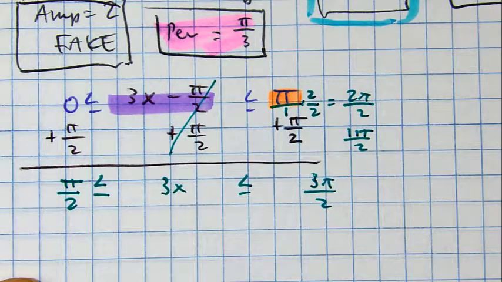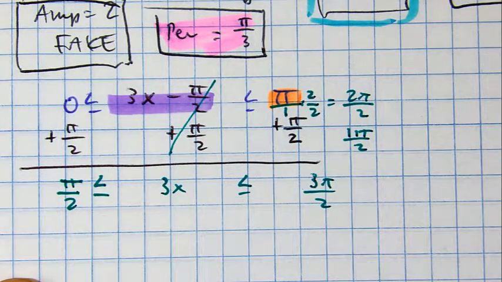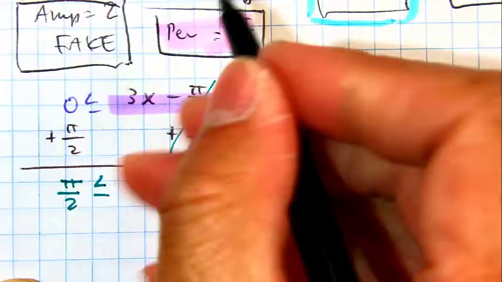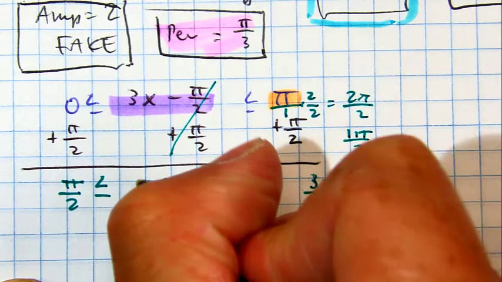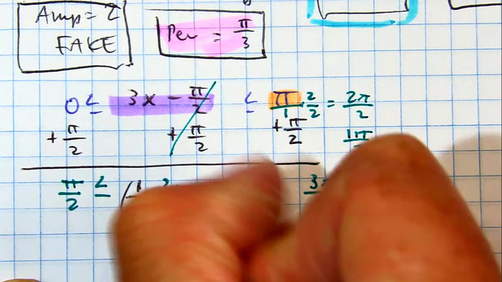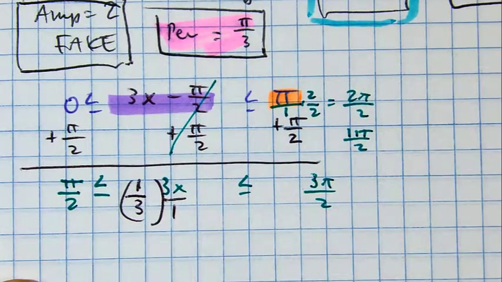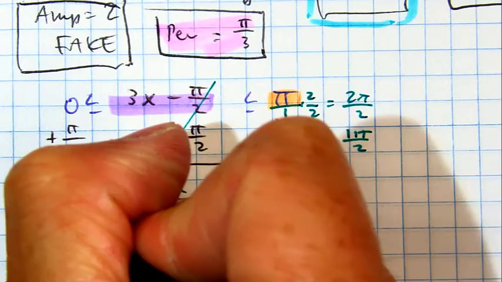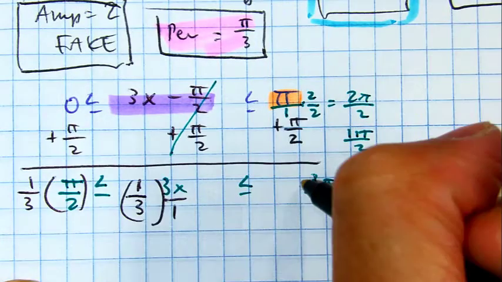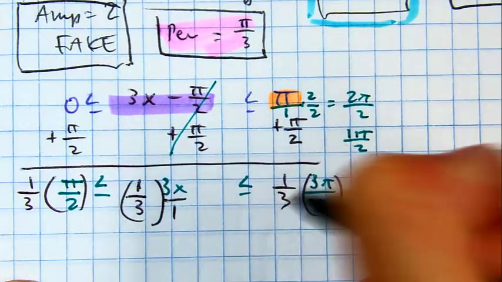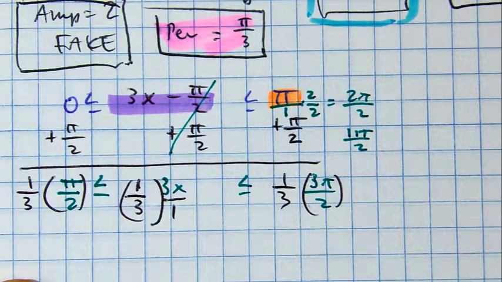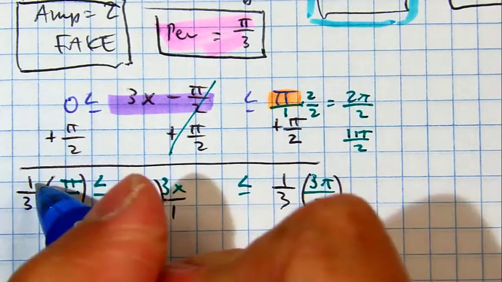And then how do I solve for x? Okay, remember, dividing by 3 is the same thing as multiplying by 1/3. Does that make sense? So I'm going to multiply by 1/3. Then we multiply across, you get what?